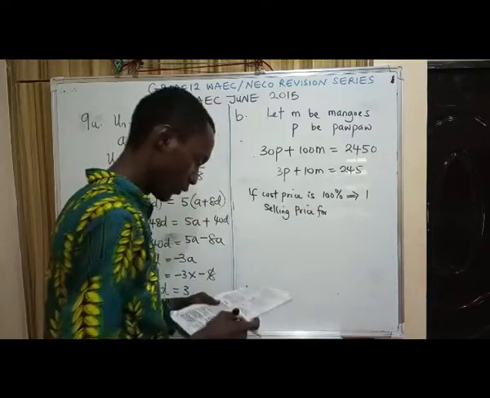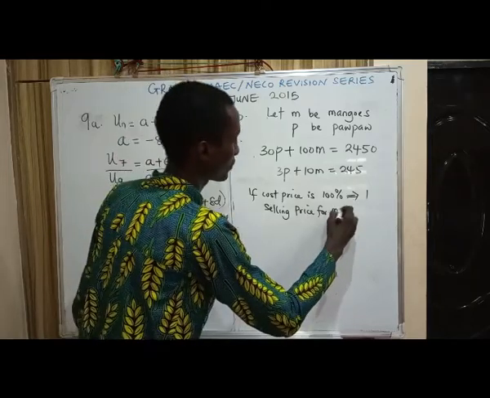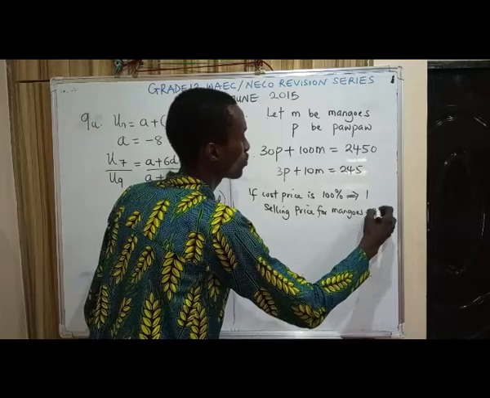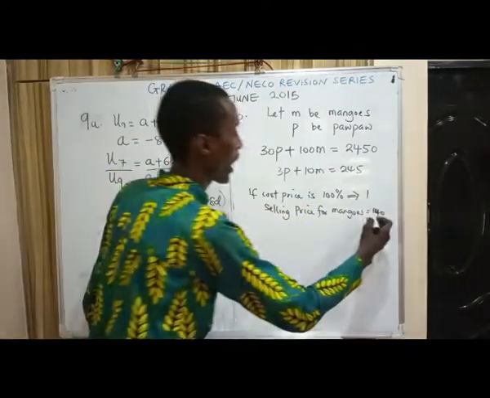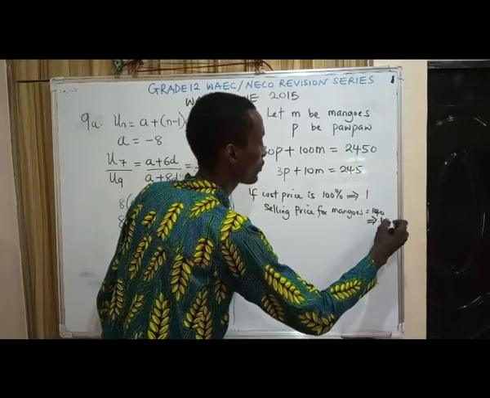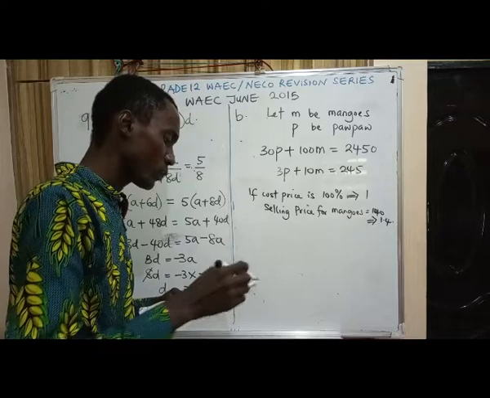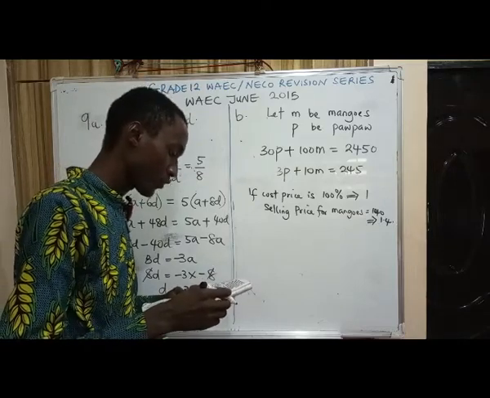for, say, pawpaw will be what? 140, which is the profit she has made on it, and which I will tag as 1.4. So going back to the question, it says she sold the pawpaw at a profit of 40%.